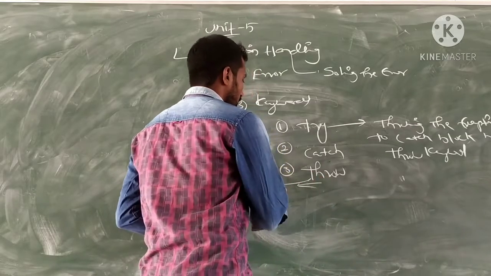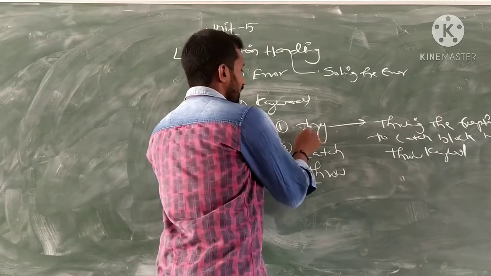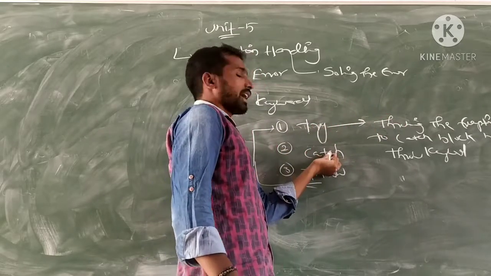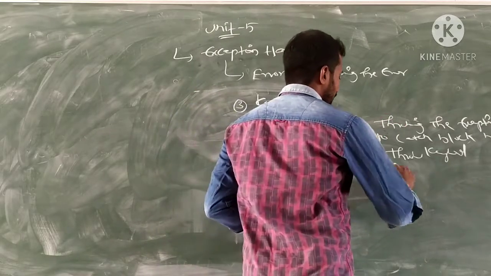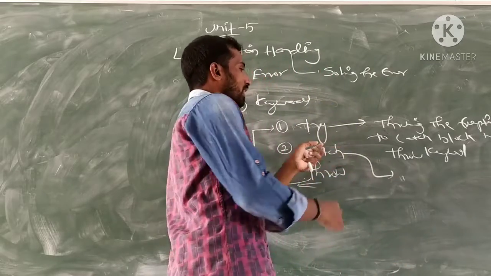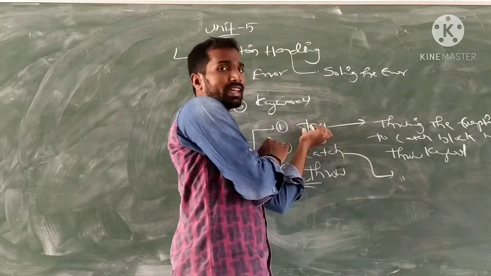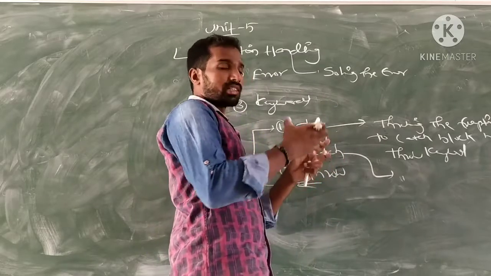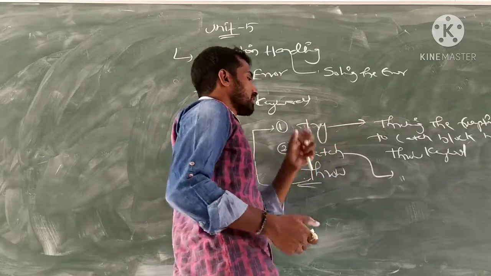By using these three keywords, the try block throws the exception to the catch block. Next, what does the catch keyword do? When the exception is thrown by the try block, the catch receives the exception.